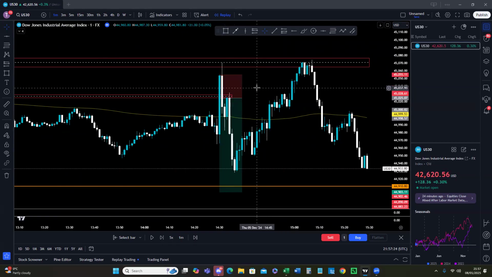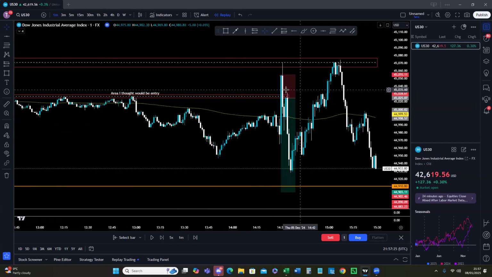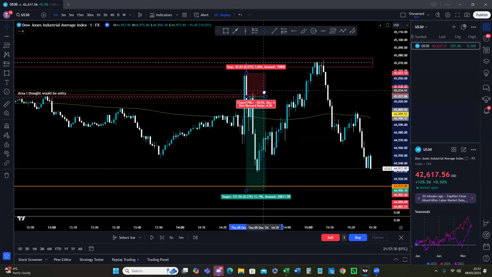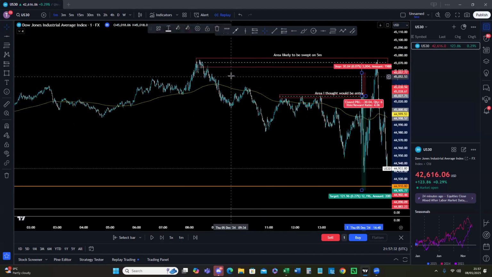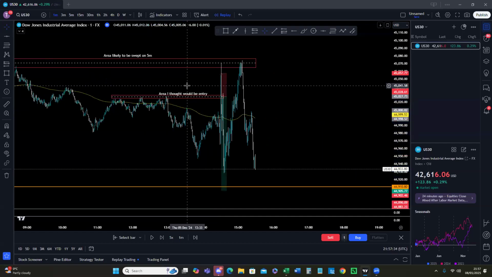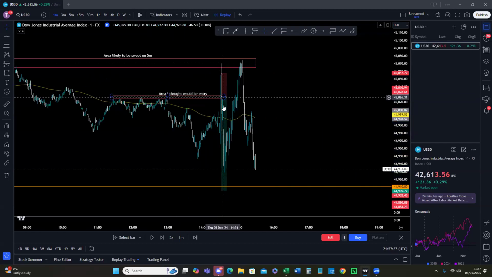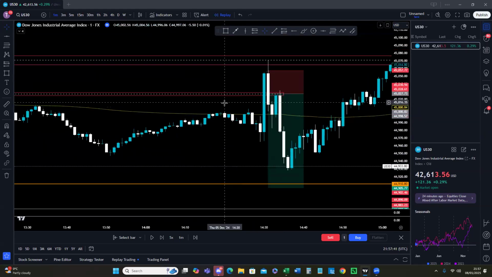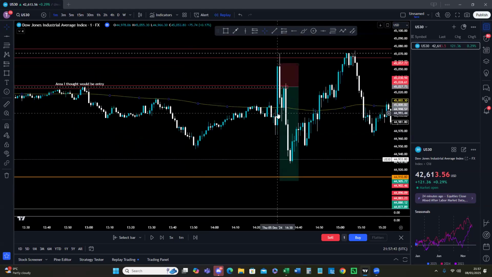But in hindsight, what I should have looked at is I should have either had this up here or zoomed out, because that is a bit keen. That is not very far to go on a 1 minute, really. That's just on a 230.